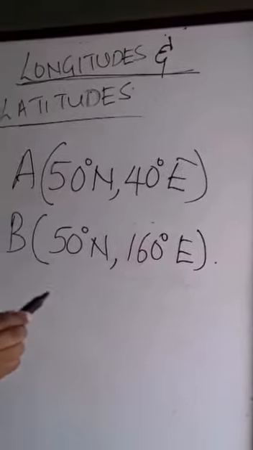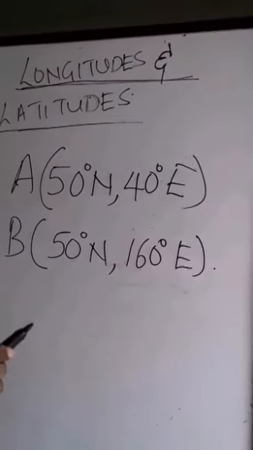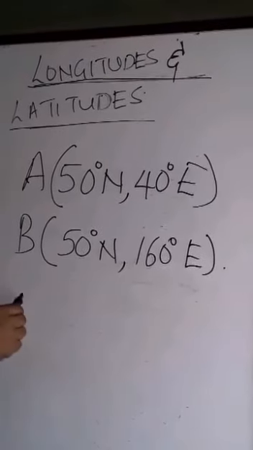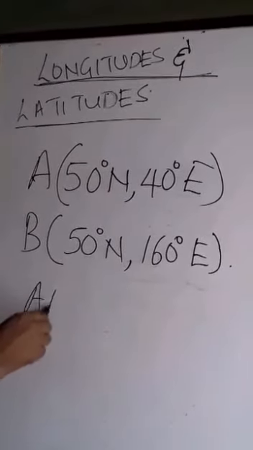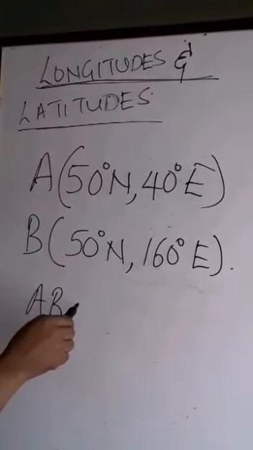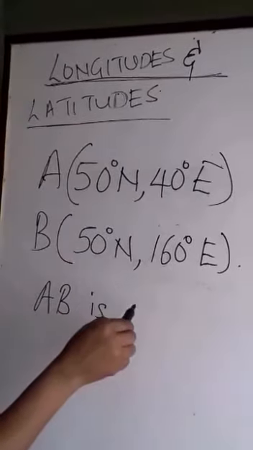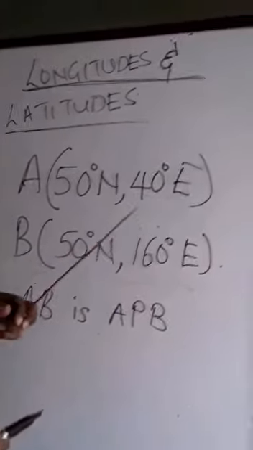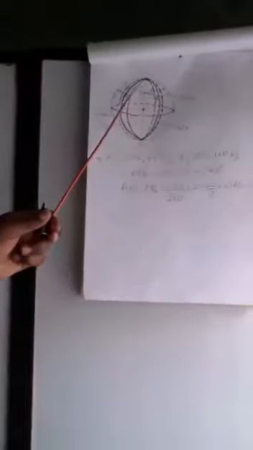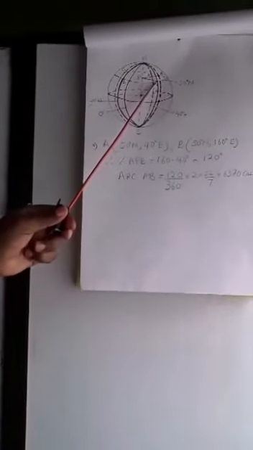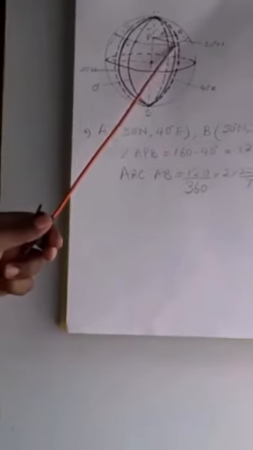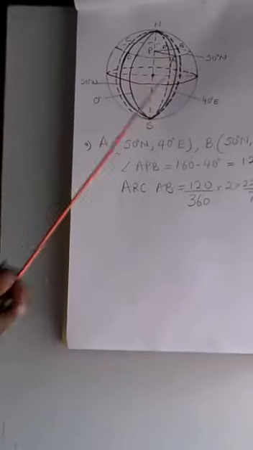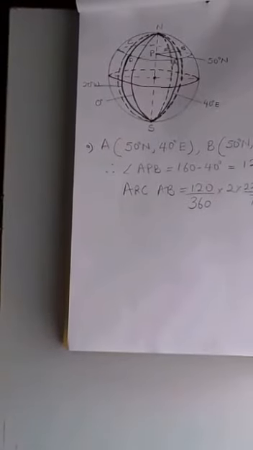From here, we need to determine the angle subtended by arc AB. The angle subtended by arc AB is APB. Let's go back to the diagram. If this is 40 degrees east, all the way up to 160 degrees east, the angle between them is 160 minus 40.